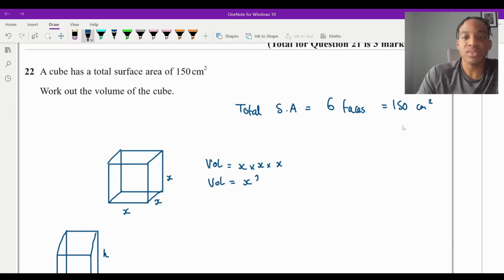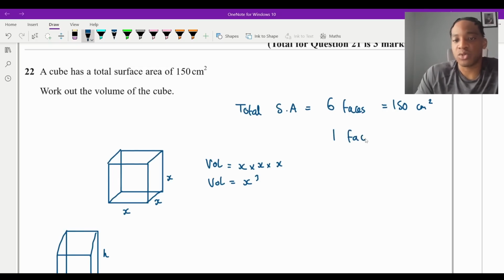Now, as I said before, we're dealing with a cube here. Each face is a square, meaning that every single area is the same. So if 6 faces is equal to 150, then we can calculate what one face must be equal to, because we just need to divide that by 6. So let's work out what 150 divided by 6 is.